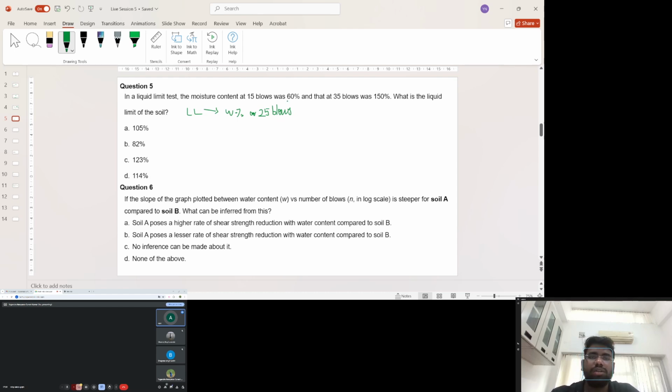Now it is a simple application of slopes, that is y2 minus y1 by x2 minus x1. When you plot water content against log N, you will get a straight line.